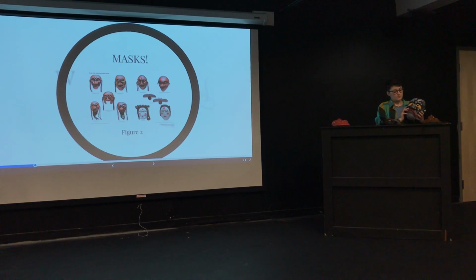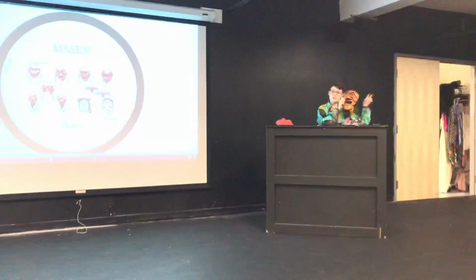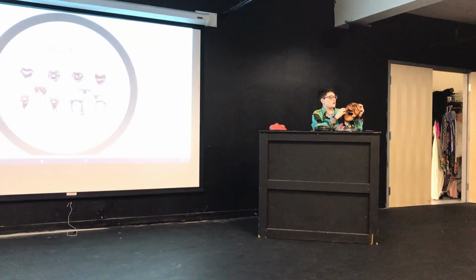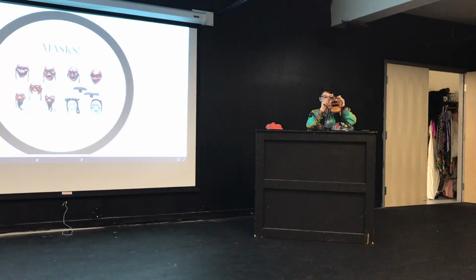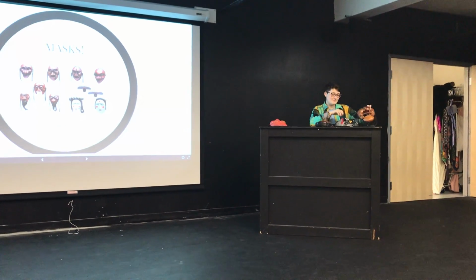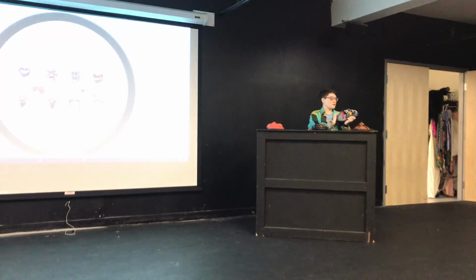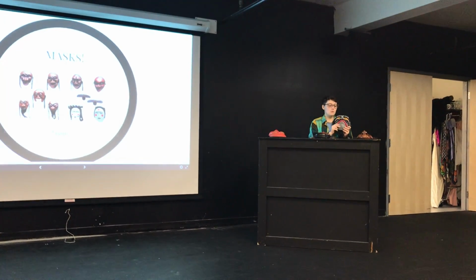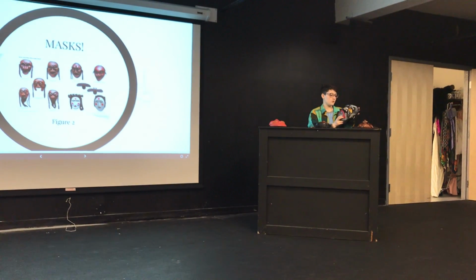For example, this mask is the aristocrat, and the arched eyes can show excitement when up like this, and evil when down like this. It's fun.